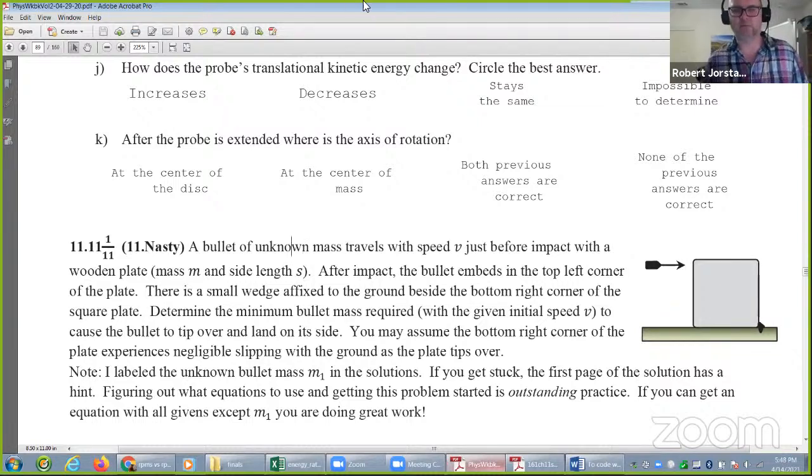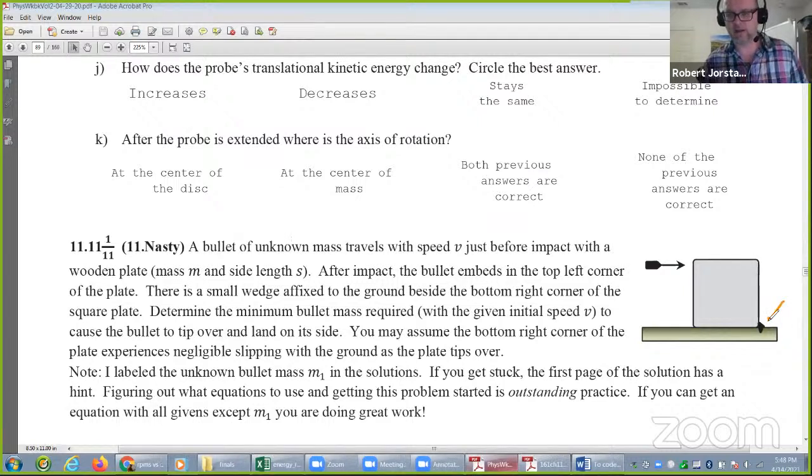Oh, so that's what that little black thing is in the corner there. This right here is basically something that acts as a pivot point, right? When the bullet hits, it causes the block, oh, this should say block, shouldn't it? Causes the block to tip over. Let me write that down. I got to fix that.